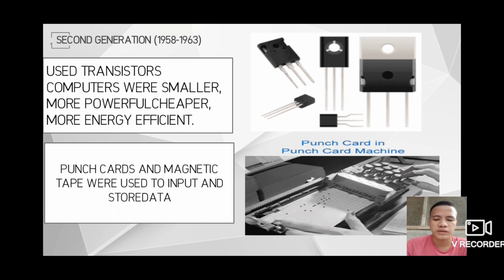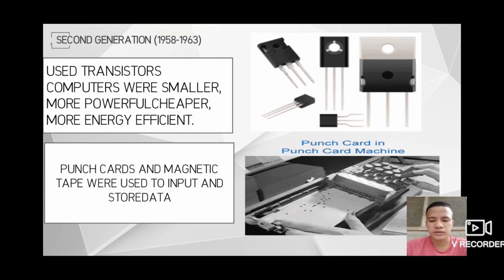Punched cards and magnetic tape were used to input and store data. This is the punch card in the lower picture, and the upper picture shows the transistors for the computer.